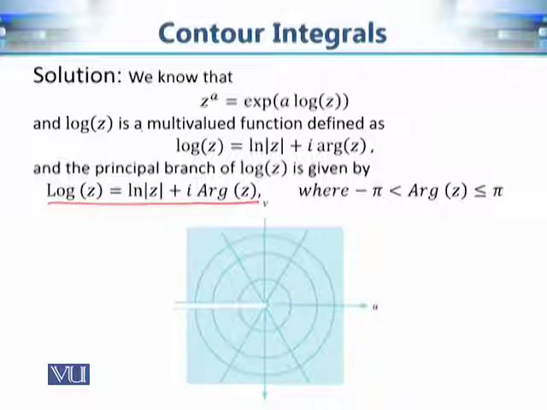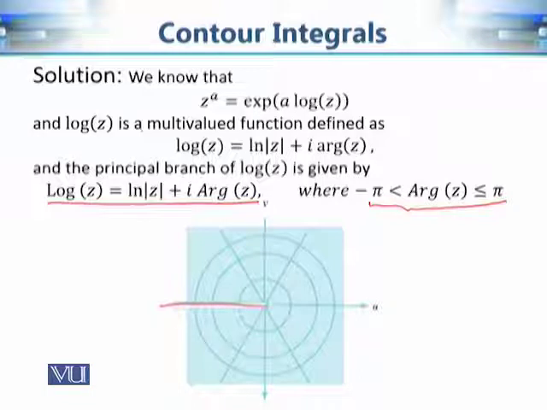When I say in this case, it means we are taking the branch cut to be the negative real axis, and of course we can take any ray to be the branch cut, but in this case we choose the negative real axis so that the branch cut intersects our contour.